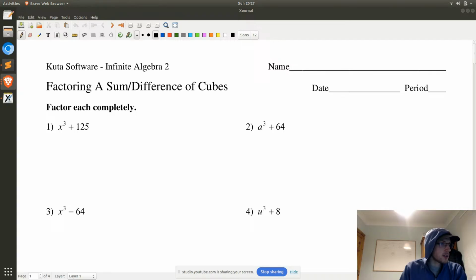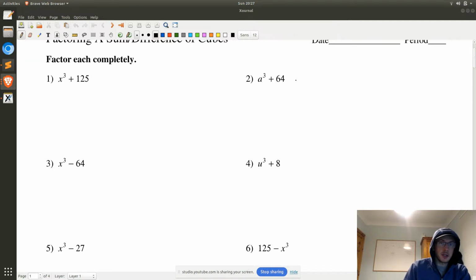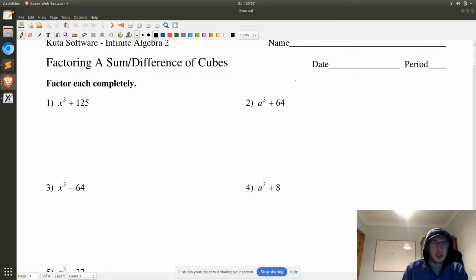And this is 24 questions in a row, so we shall handle them 6 at a time and check 6 at a time to make sure that we're doing it right. So this here is a sum of two cubes. It's the sum of the cube of x and the cube of 5.